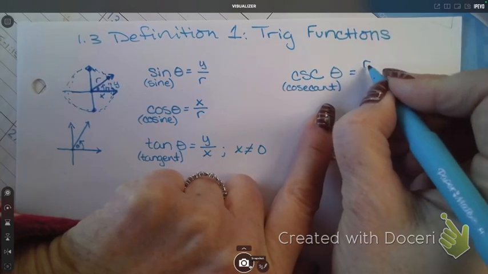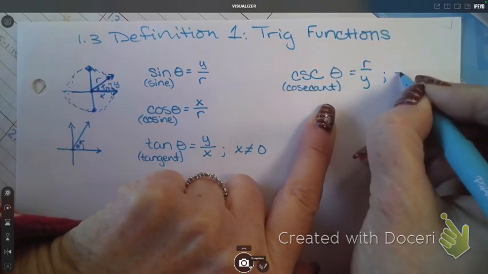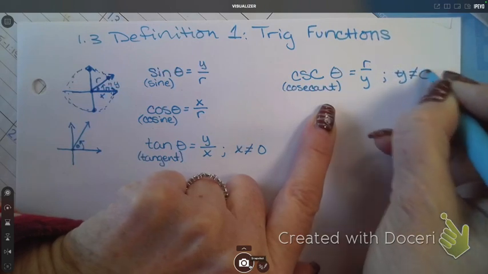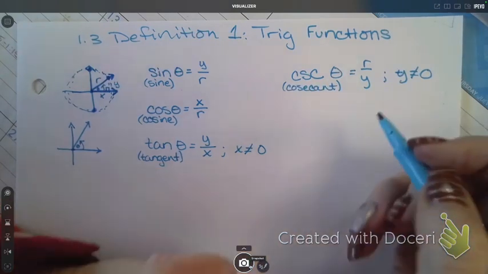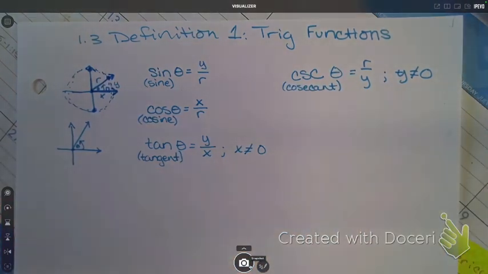R over y. And we probably need to say that y can't equal what? 0. Why didn't we say that r can't equal 0? Can a radius ever be 0? No. There wouldn't be a circle if it was, correct? So radius will never be negative and it never will be 0. It is a distance. Okay?